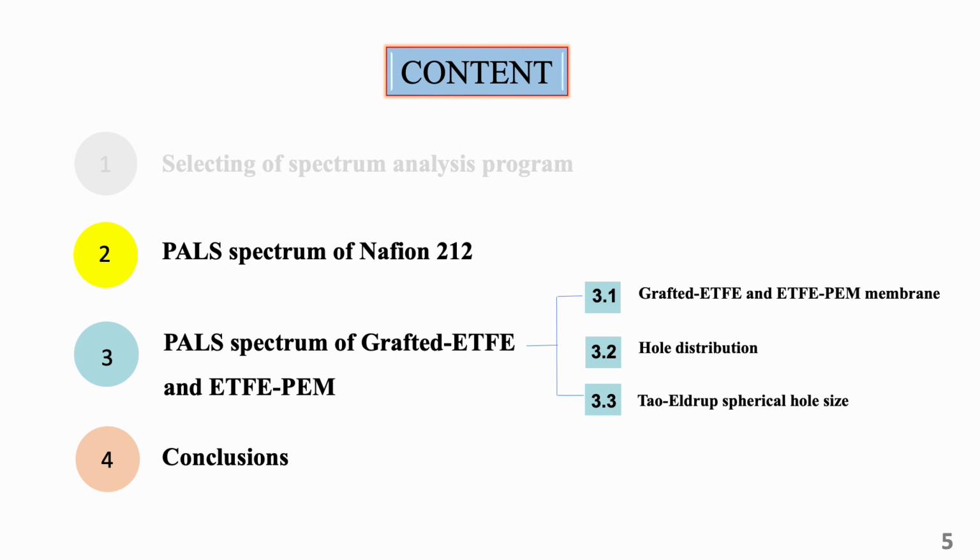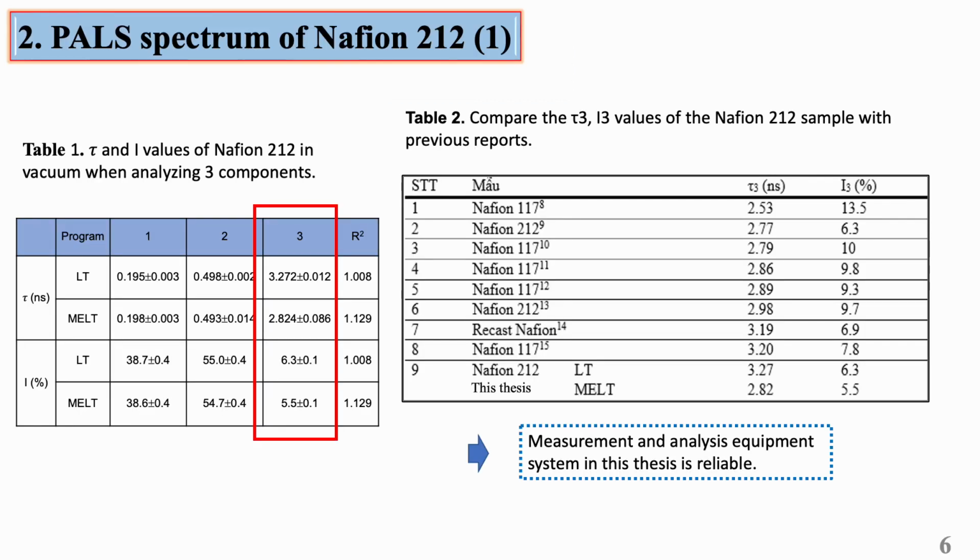2. PALS spectrum of Nafion 212. Current articles are analyzing the Nafion membrane into 3 components, so we do the same analysis to see whether my data is reliable or not.